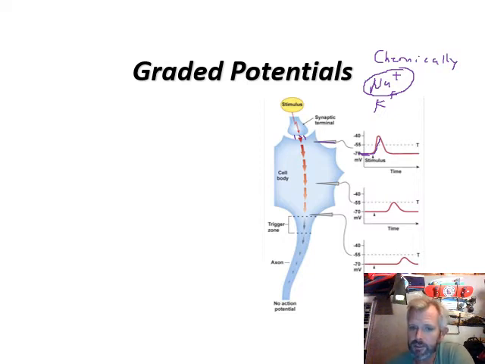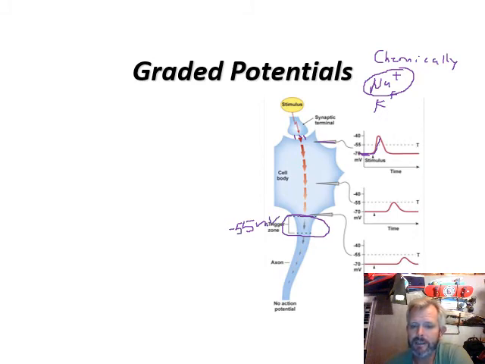Let's just watch though as we're going here, because where we're going to cue action potentials, if you remember, we're going to cue them at the trigger zone. Okay? And the magic number we have to get at the trigger zone is we have to have a membrane potential of, say, negative 55 millivolts.